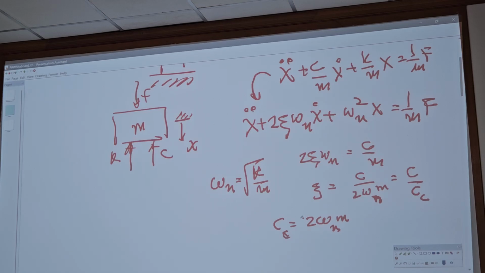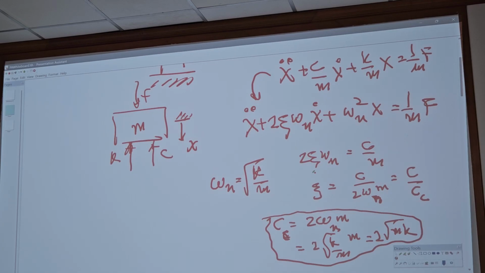If you substitute omega n, square root of k over m, multiplied by m, this one is 2 square root of mk, right? You have to remember this form anyway.